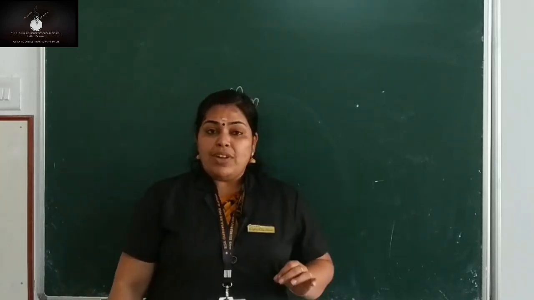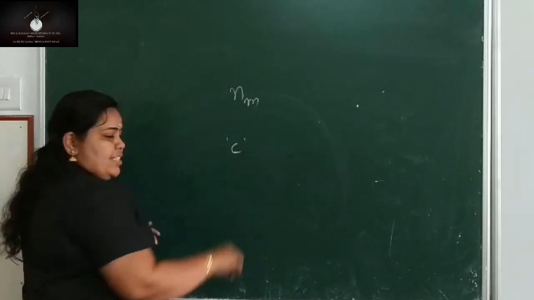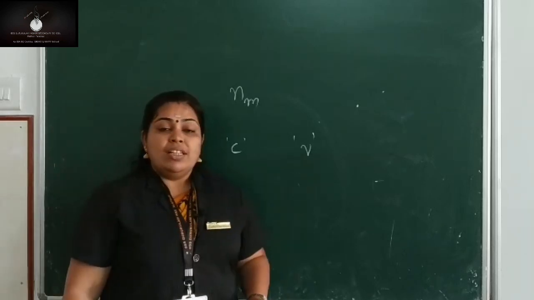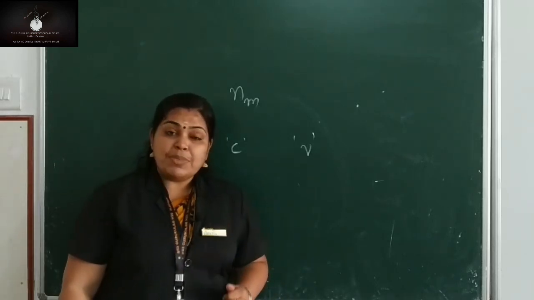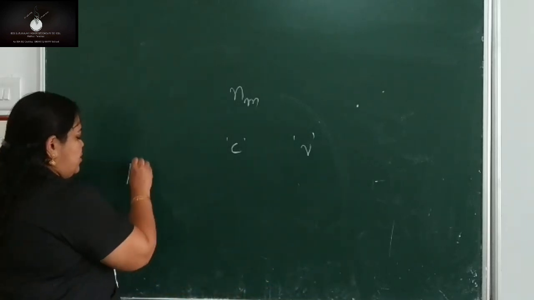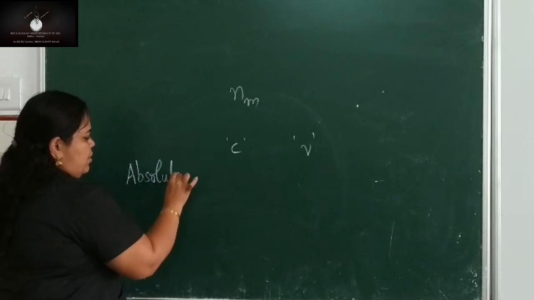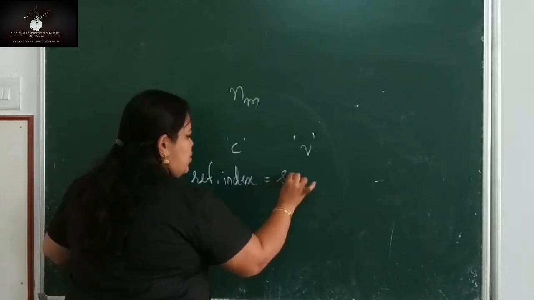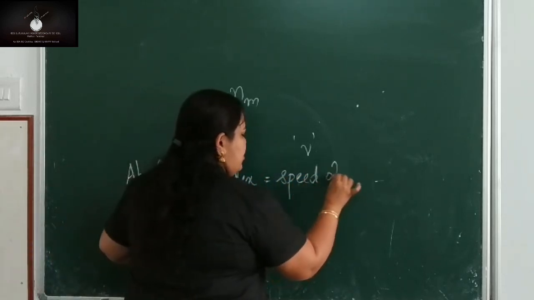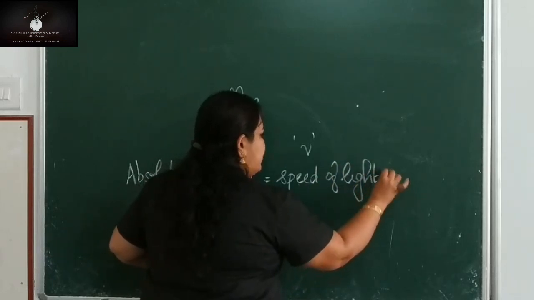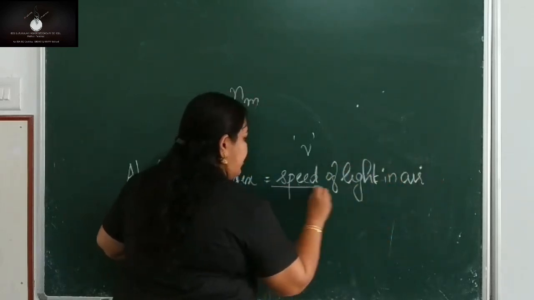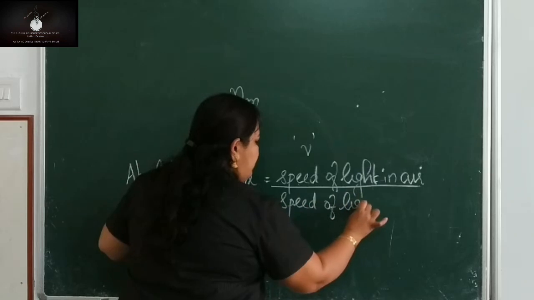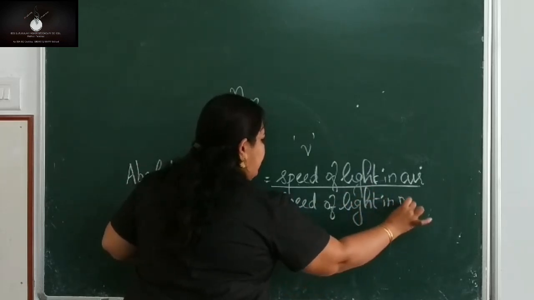Now, if the speed of light in air is denoted by the letter c and the speed of light in a medium is represented by the letter v, then how can you write the formula for absolute refractive index? Absolute refractive index is equal to speed of light in air divided by speed of light in medium.